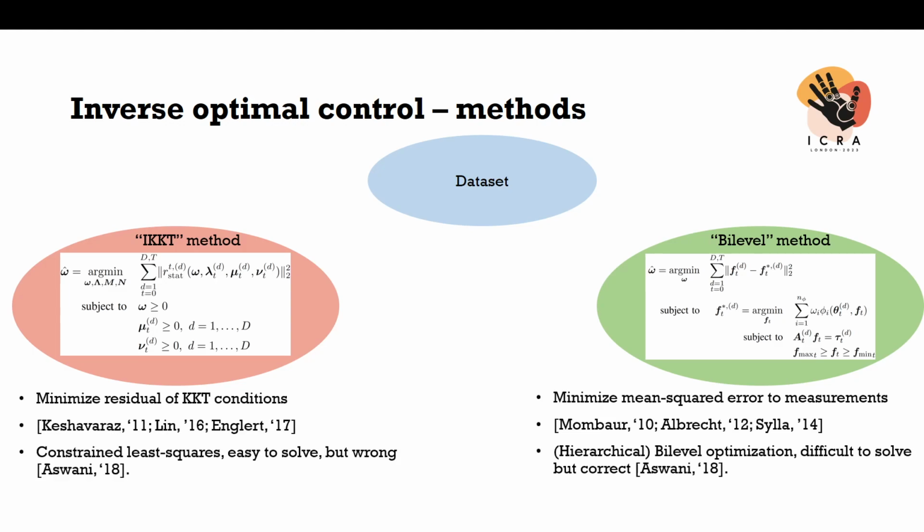The KKT method tries to minimize the KKT condition residual evaluated at your data and gives a least square problem, which is easy to solve but is not statistically consistent in terms of weight estimation, while the bilevel method minimizes the mean squared error of your predictions with respect to your data, while it's a hierarchical optimization problem which is difficult to solve but is statistically consistent. So in this paper, we suggest that you should always use the bilevel method, but we use the IKKT method anyway to show that it did not give good results.